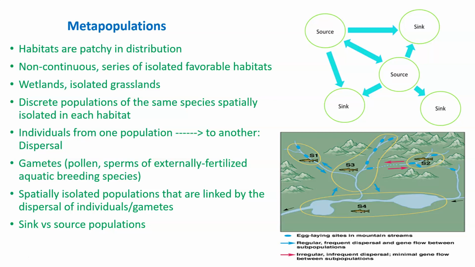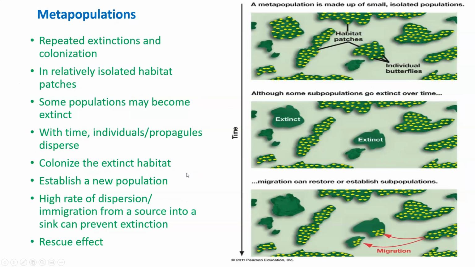Now, let me explain the sources and sinks a little bit more. You know that habitats are patchily distributed in landscapes, and different numbers of individuals occur in those isolated patchy habitats, and they form populations.